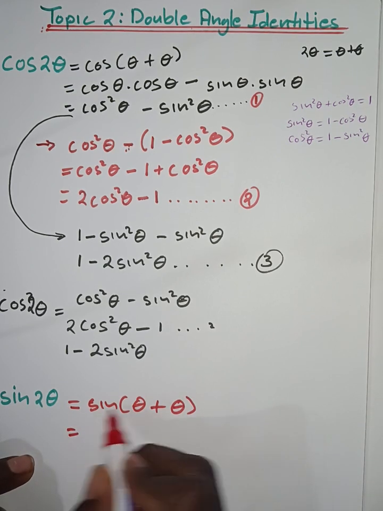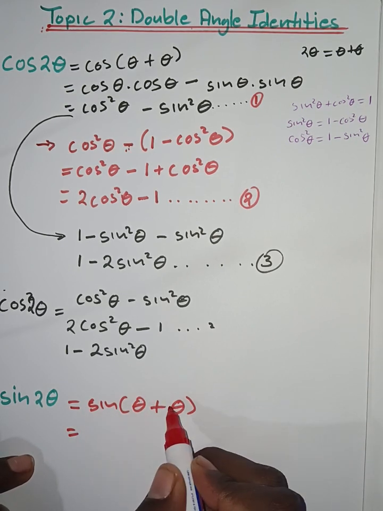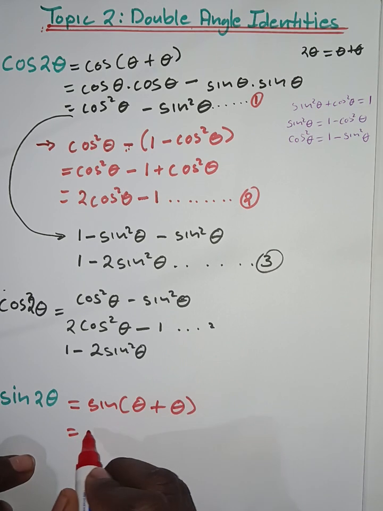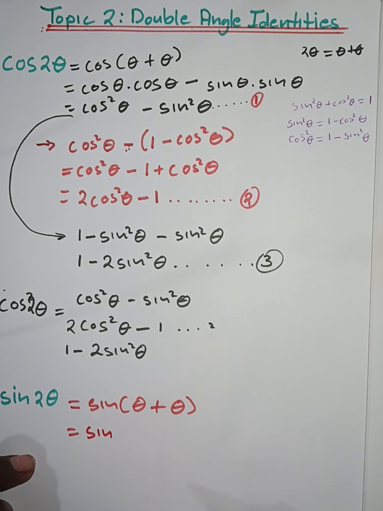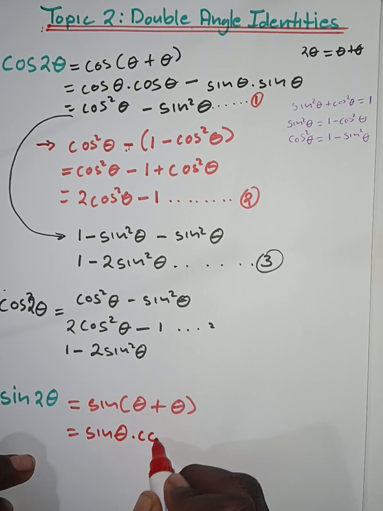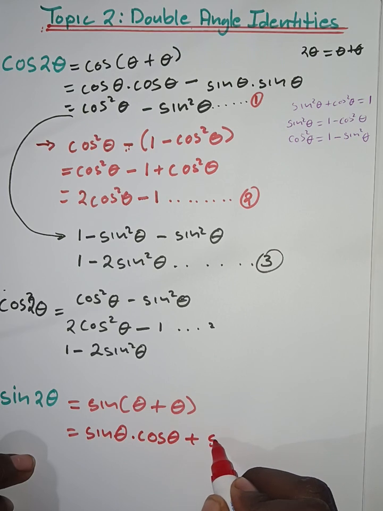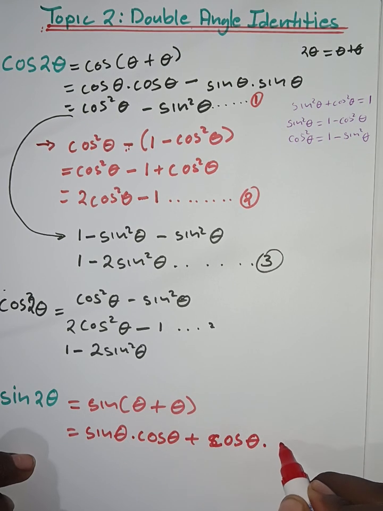You can see that's actually a compound angle identity for sine. So this would be sine of theta multiplied by cos of theta plus cos of theta multiplied by sine of theta.